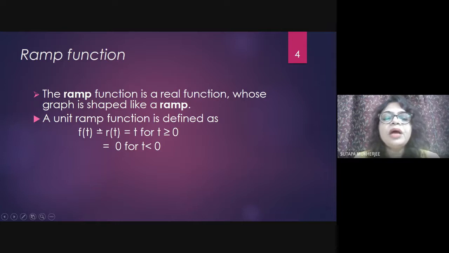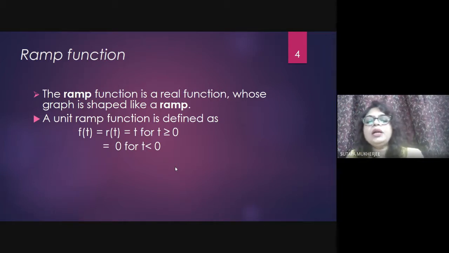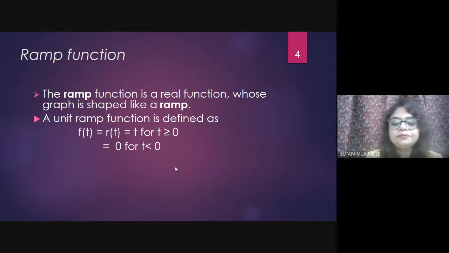What you said, y equal to t, say f equal to y, so y equal to t. So if t equal to 0, y equal to 0. If t equal to 1, y equal to 1. If t equal to 2, y equal to 2. So whatever may be the value of t, the f(t), that is your y, that is the ramp function, will get the same value as t because it is a unit ramp function. Okay? Yes, ma'am.